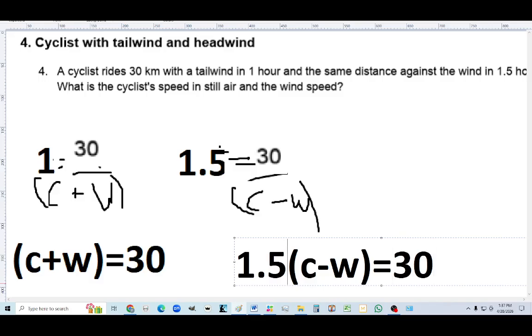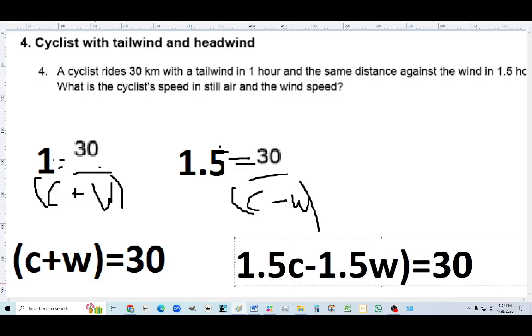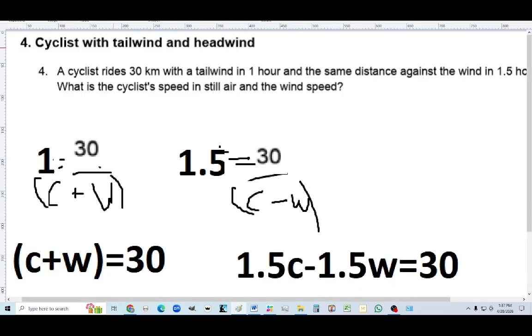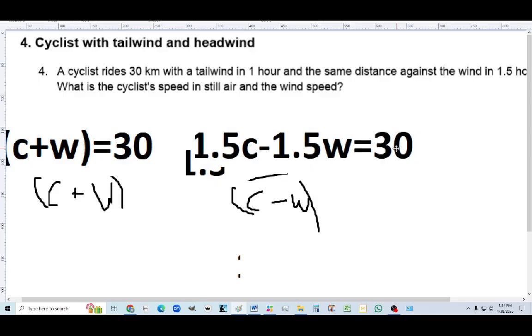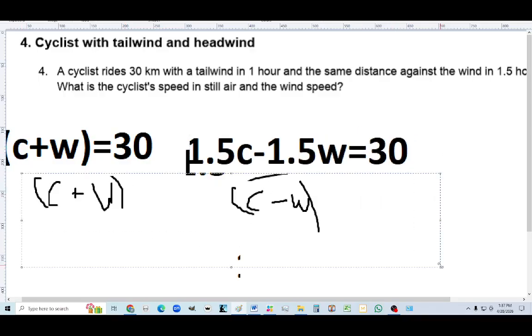And when I distribute, it comes to this. Now, I could divide everything by 1.5 to get them individual, because you can only add or subtract when you have 1 and 1 and 1 and 1. So I'd have to divide this by 1.5 and otherwise use the substitution method. I don't know what method you want to use, but here are our 2 equations. Substitute or add, you'll come up with the answer.